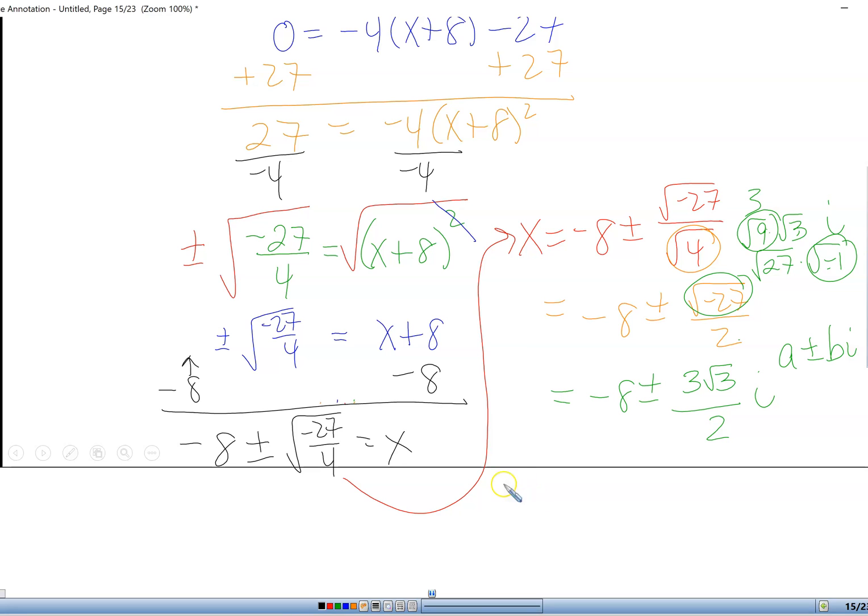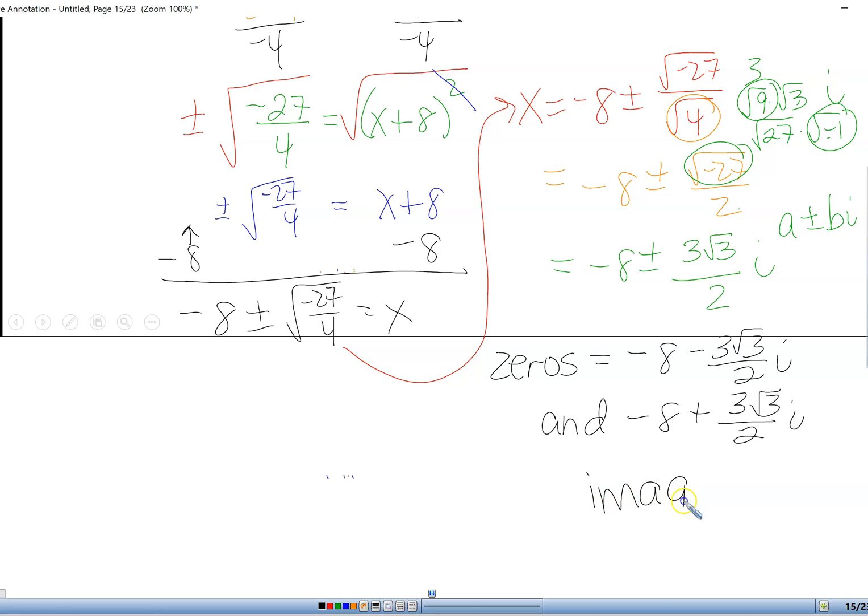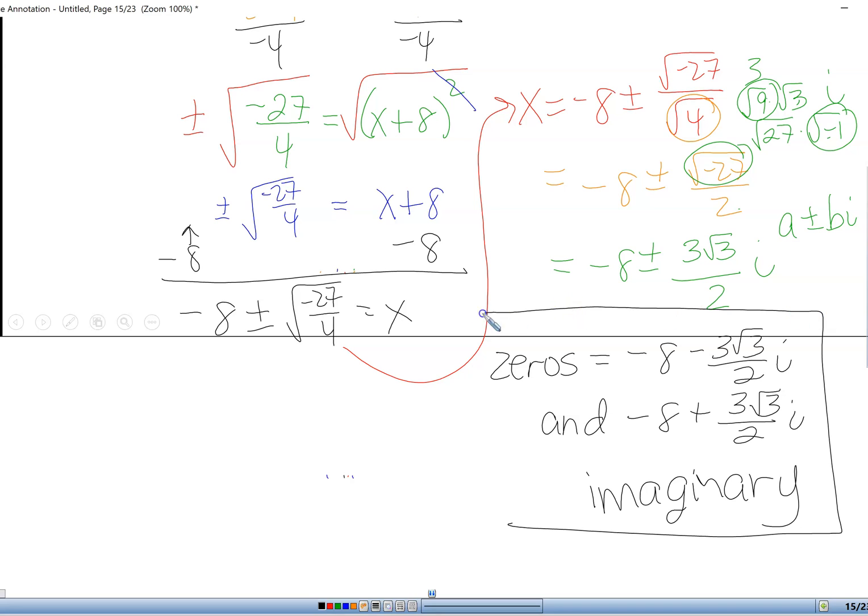So now we can make our conclusion about our zeros. We've got negative 8 minus 3 root 3 over 2 times i, and negative 8 plus 3 root 3 over 2 times i. Because of those imaginary units of i, they are both imaginary, like so. That finishes up this one.